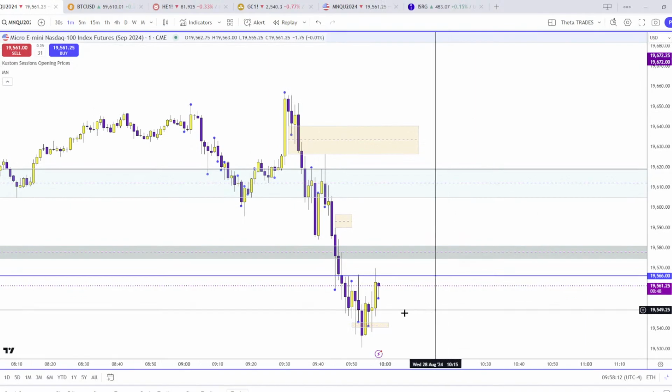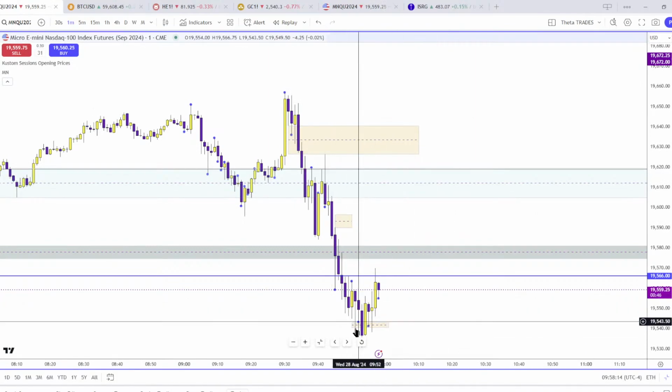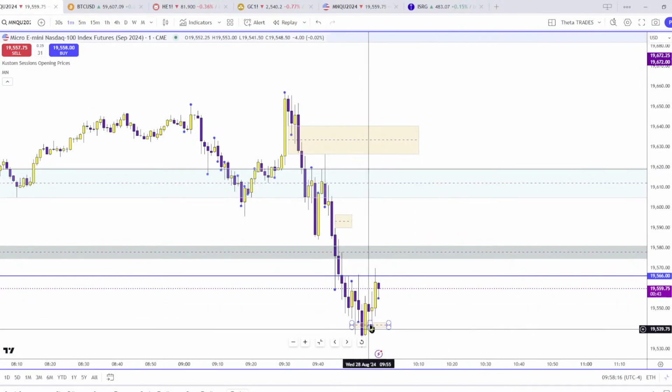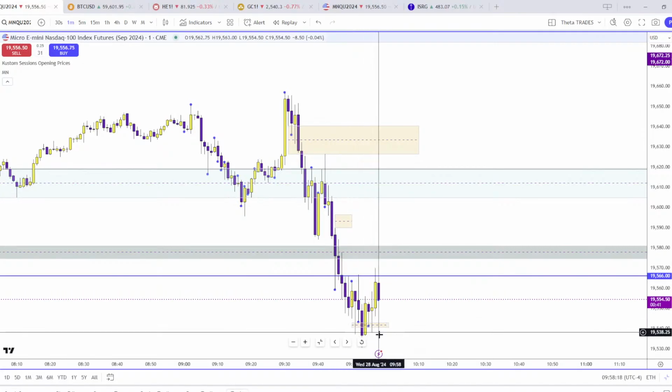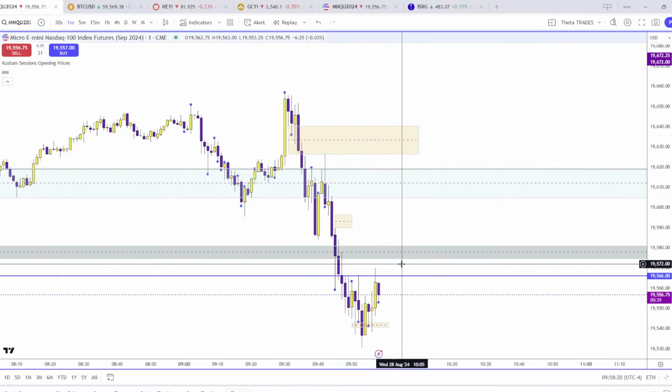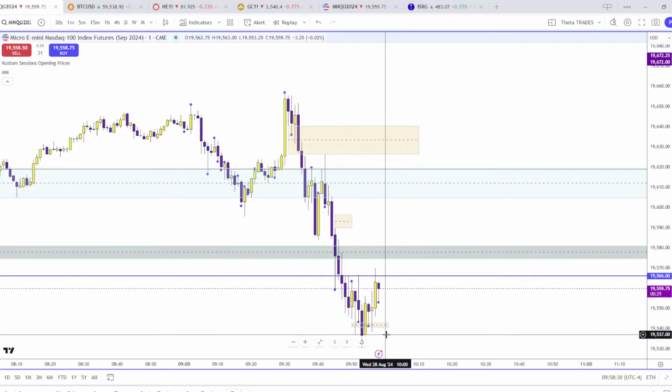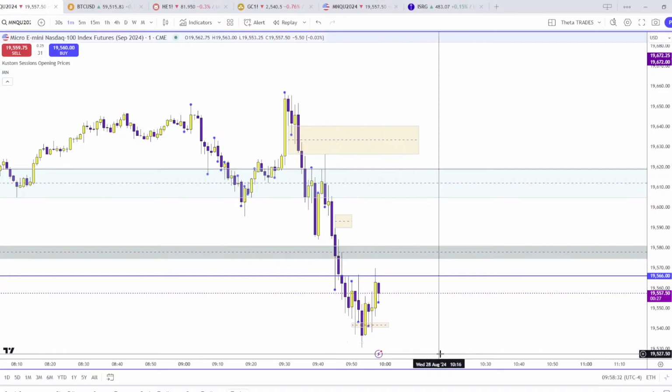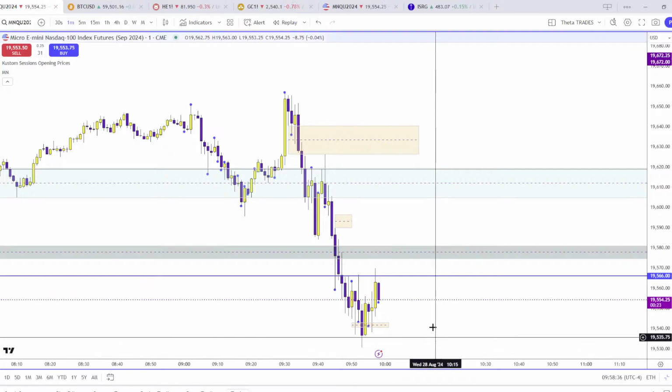In here right now, other than that imbalance that was down here that we've worked. And as what you guys have been saying, this overlapping confluence is like a breaker inside an optimal trade entry.